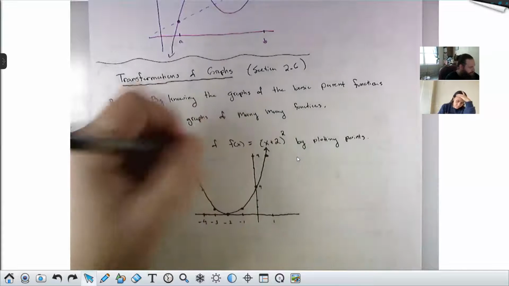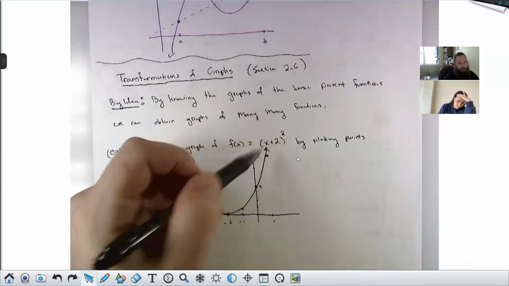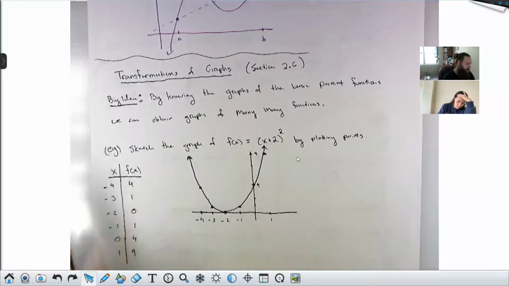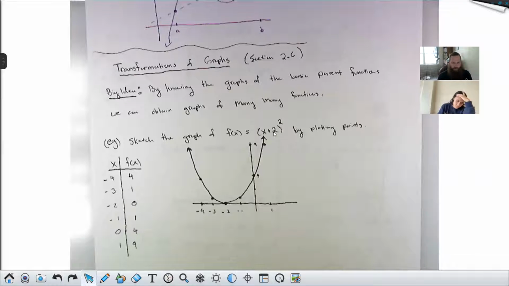Hopefully you all remember from previous classes, this is a quadratic function, so the shape of the graph is this parabolic shape. The vertex here is -2, 0. It opens up. That's about all you need to get a good graph of this.